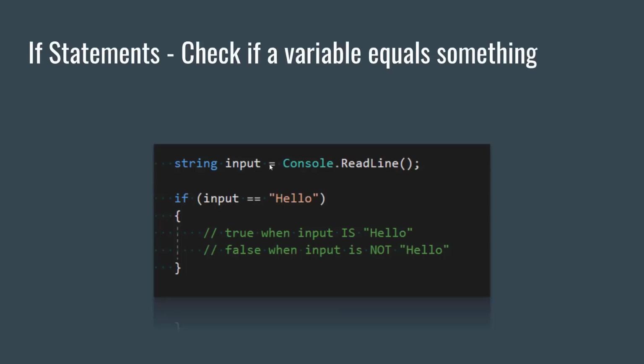Single equal signs, as you can see here, are used in order to set a value to a variable. All right, so if this condition here is true, so if the user has entered hello, then whatever code is within those curly brackets will be executed. If it's false, then it will not be executed.